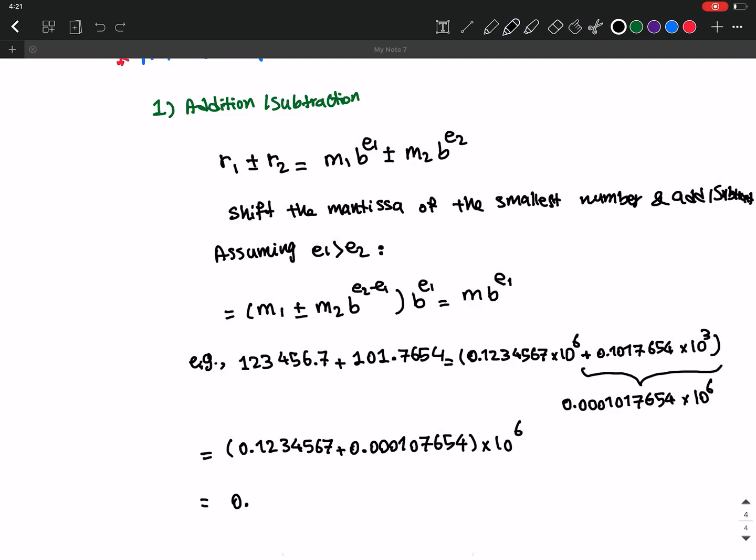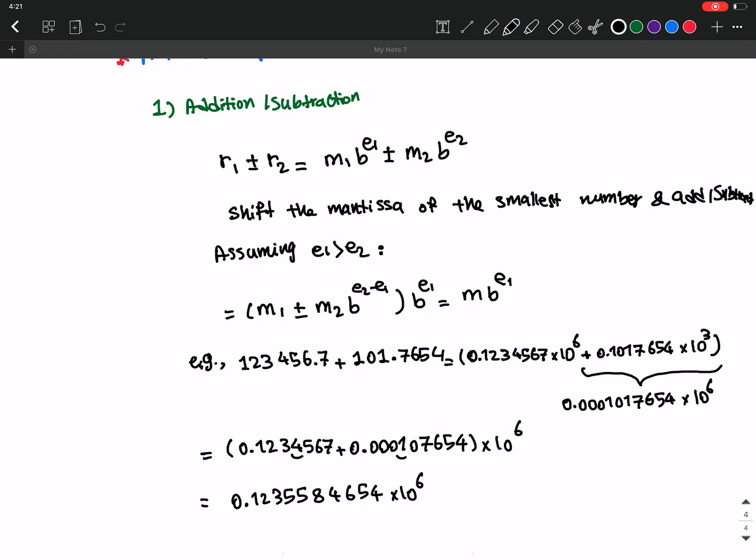It's gonna be 0.123, and then only this one, 4 plus 1 is gonna be 5, and then the rest are similar. So we are gonna have 5, 8, 4, 6, 5, 4 times 10 to the power 6.